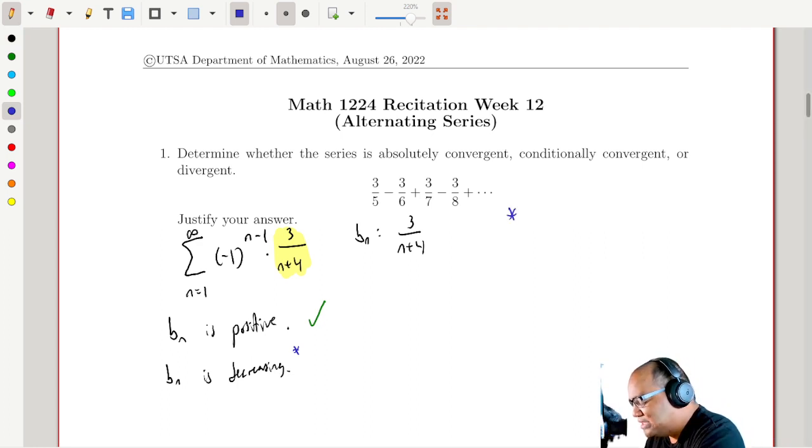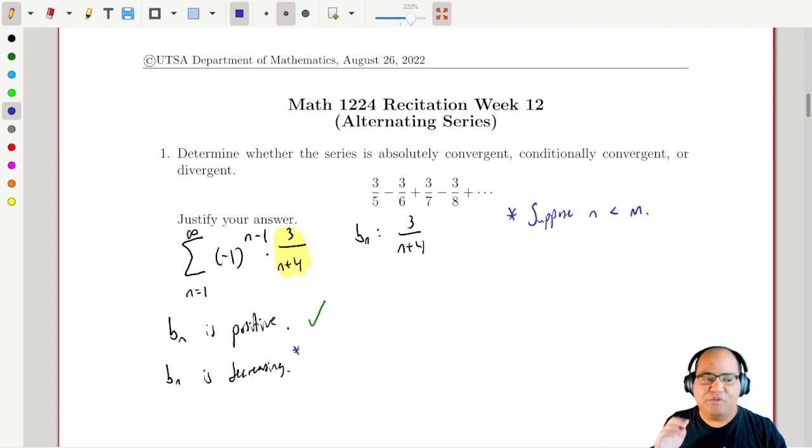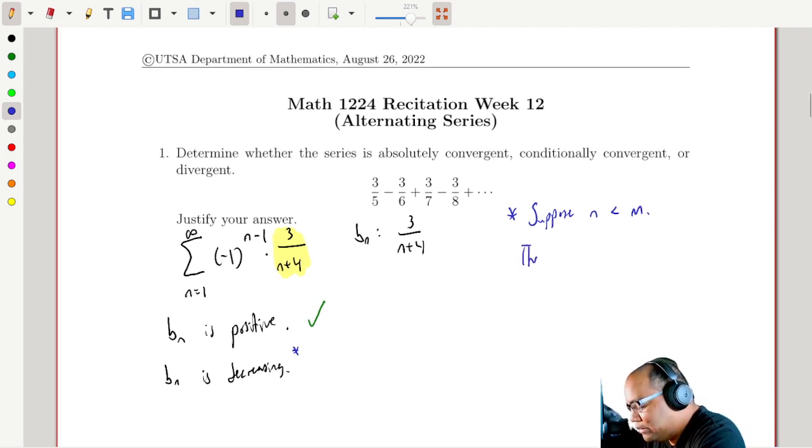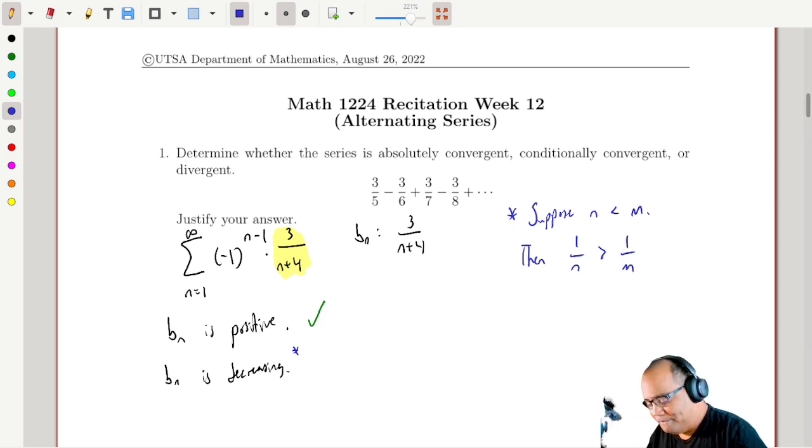So let's assume, say, n is smaller than m. Now, if you remember from our comparison test video, whenever I take reciprocals, a common operation I can do, I reverse the direction of the inequality. So if I take reciprocals here, 1 over n is now bigger than 1 over m.